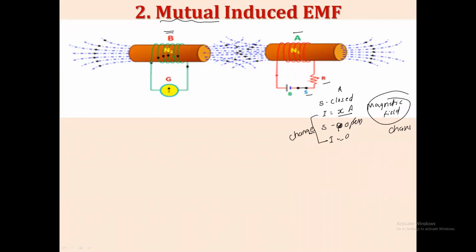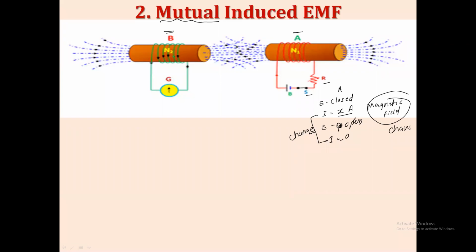It means that due to the opening and closing of the switch, coil A will create the change in magnetic field. And now coil B is placed near to coil A. So can I say that here the change in magnetic field produced by coil A is linked with coil B?